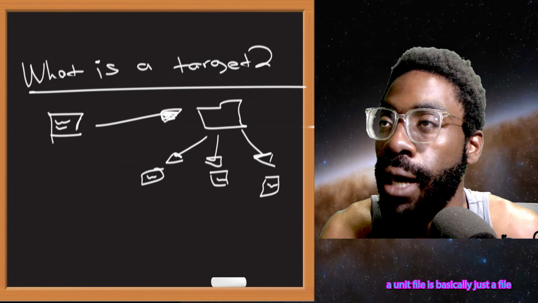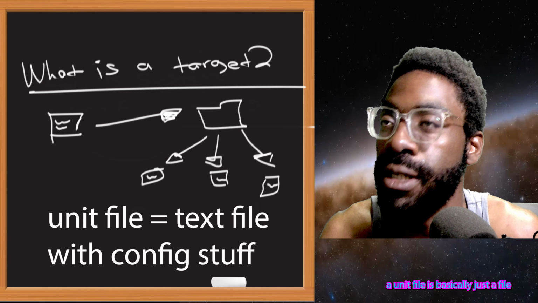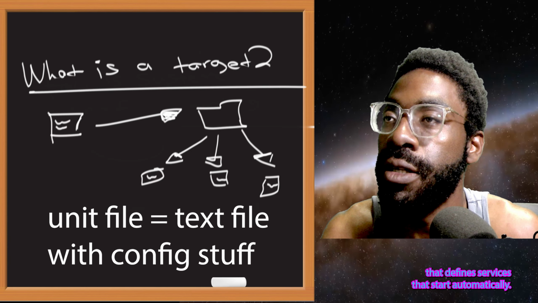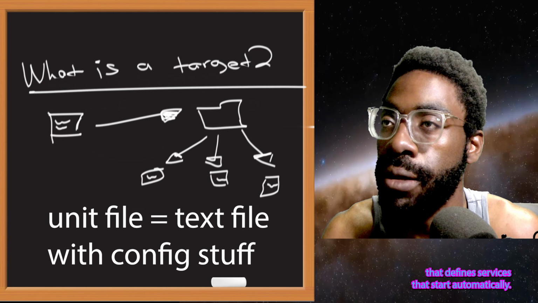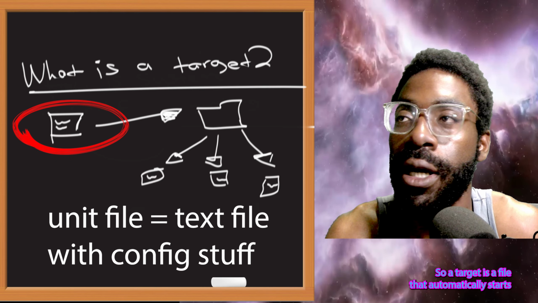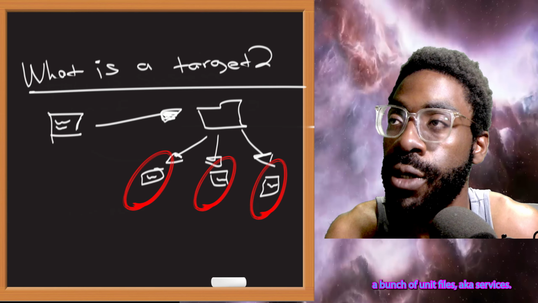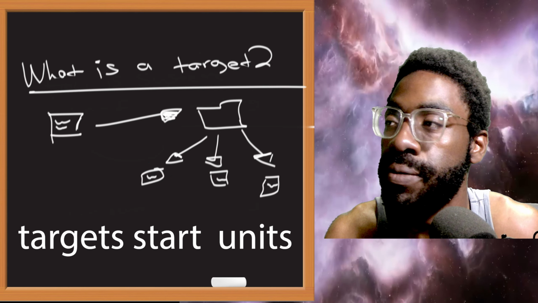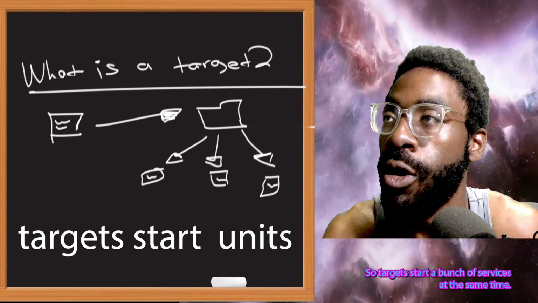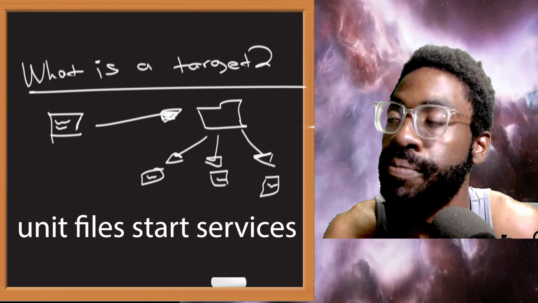And remember, a unit file is basically just a file that defines services that start automatically. So a target is a file that automatically starts a bunch of unit files, aka services. So targets start a bunch of services at the same time.